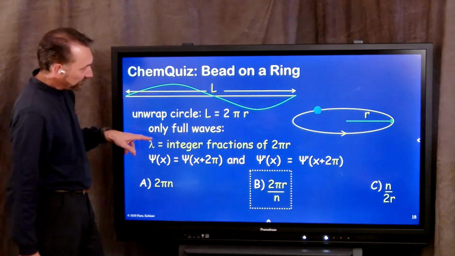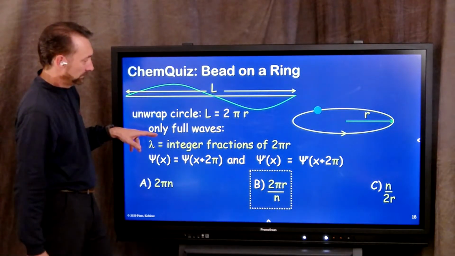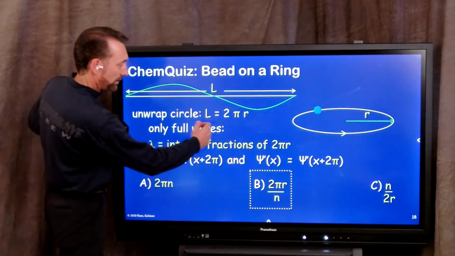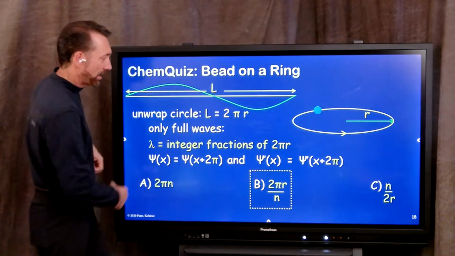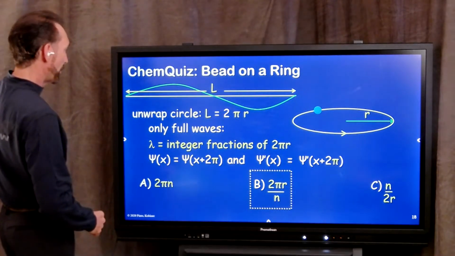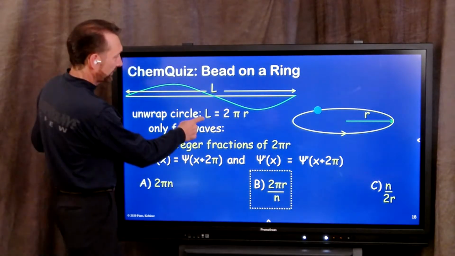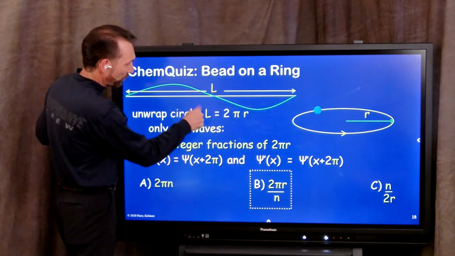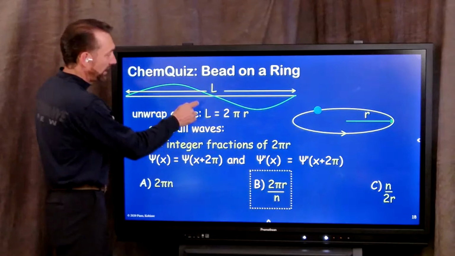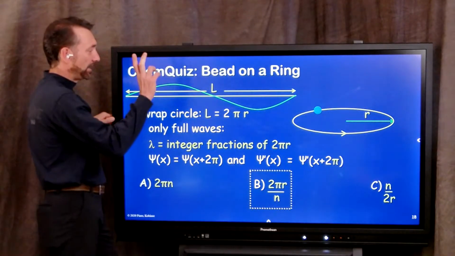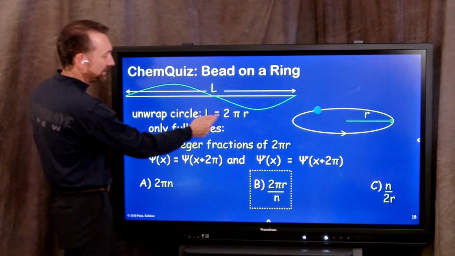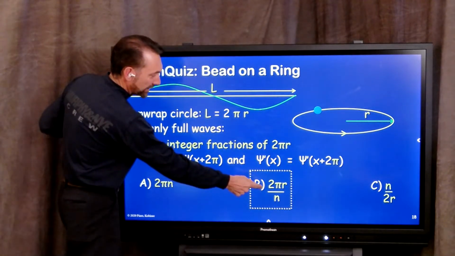So any full multiple of the wavelength will work. This wavelength L has to be a full wavelength, so a full lambda, and then I can multiply n times it.